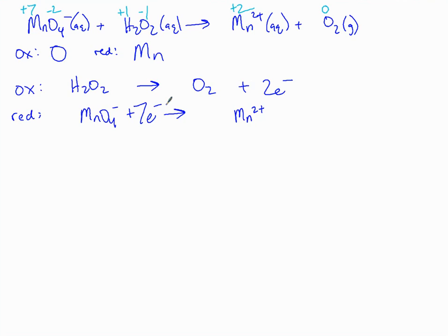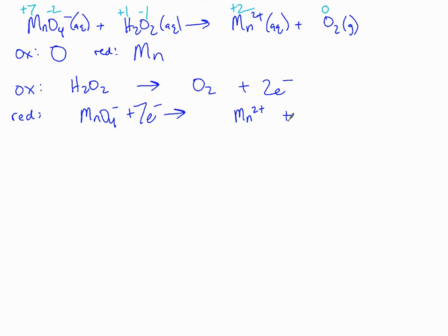Then balance the oxygens. Balance the oxygens using H2O. So in the oxidation half reaction, the oxygens are fine. Let's look at the reduction. We have 4 oxygens here and no oxygen in the products.